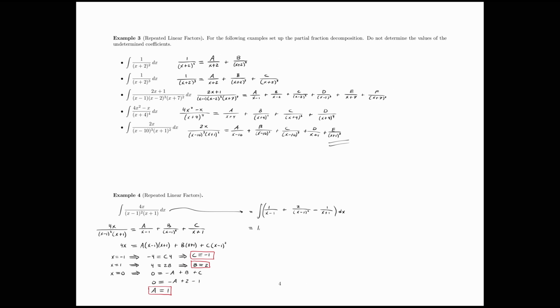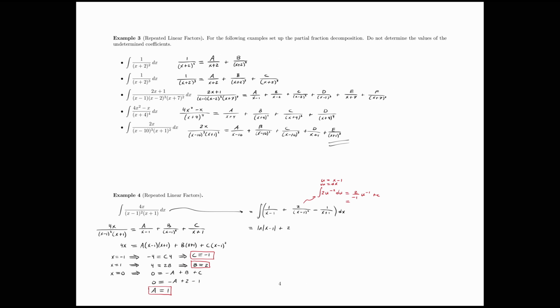So this would be natural log absolute x minus 1. Here, we can sort of think of this as 2u to the negative 2 du, with u equals x minus 1 and du equals dx. So then this would be 2 over negative 1 u to the negative 1 plus c.